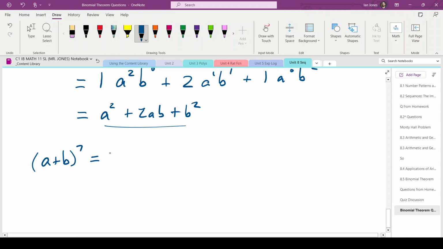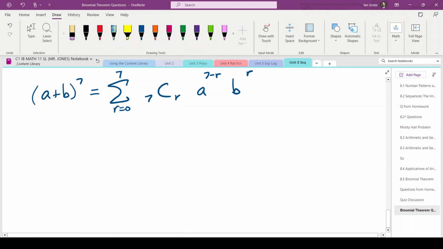Here I have the sum from r equals 0 to 7, because that's what n is, of 7 choose r, a to the 7 minus r, b to the r. And I'll go through and write this out.